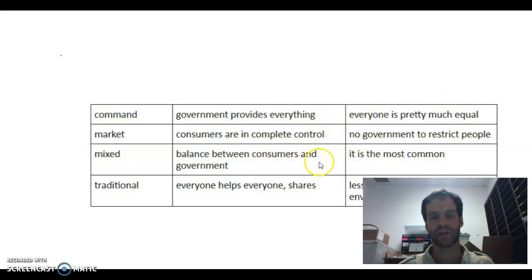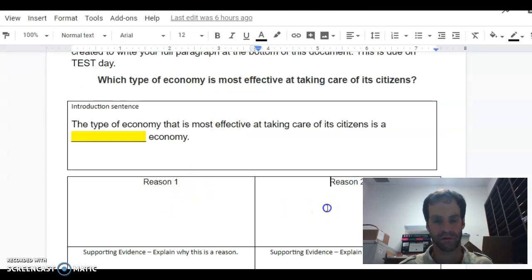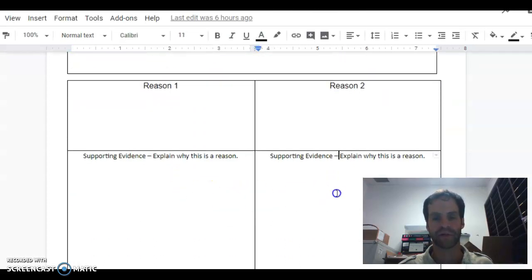So these are your reasons here that you could use. You don't have to, but you could use them. You come back to your graphic organizer, use your reasons, and then give me more of an explanation. Your reasons don't have to be complete sentences, more of like thoughts, and then your evidence here, these should be complete sentences, one or two.